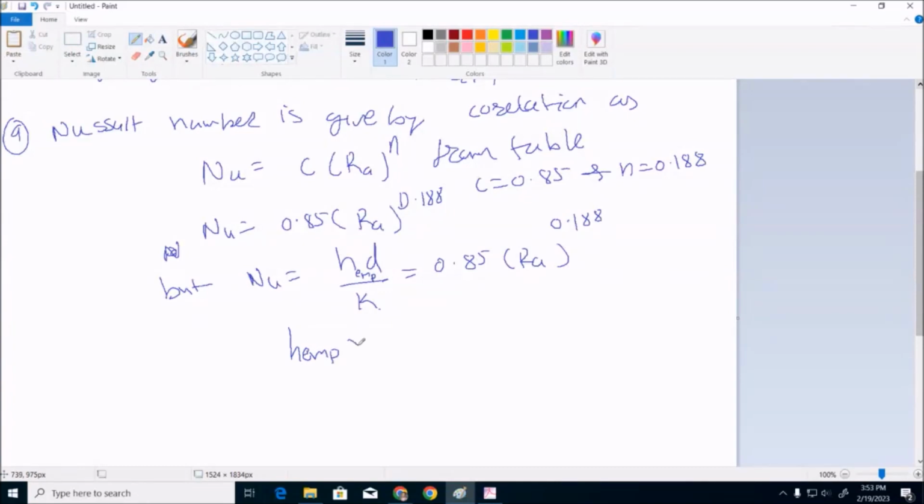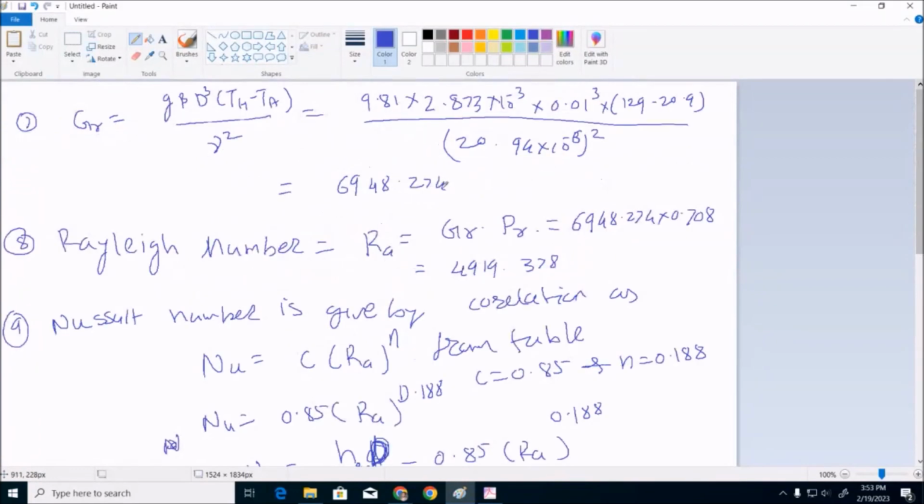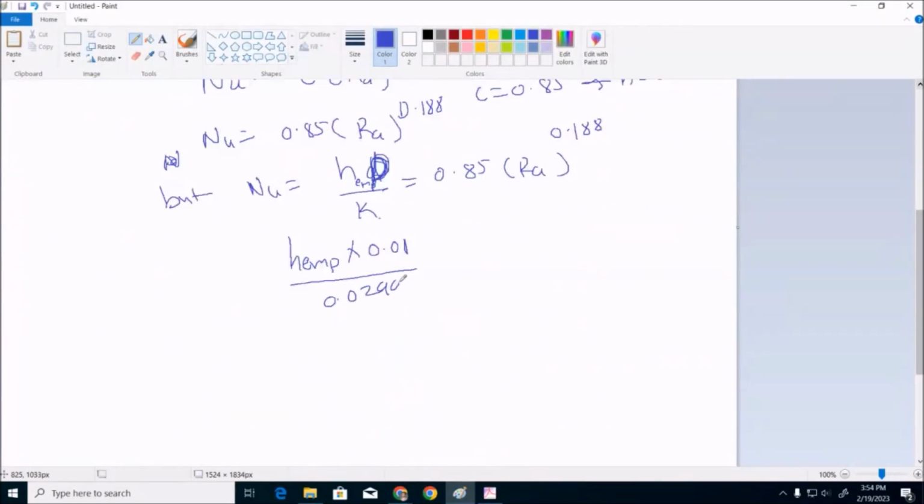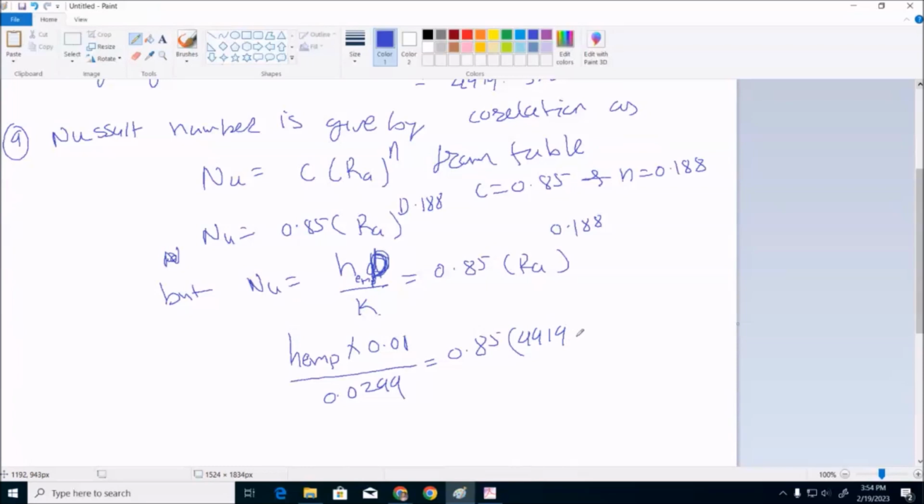I don't know yet the empirical h. Diameter is 0.01. Thermal conductivity of air is 0.0299, equal to 0.85 times Rayleigh number 4919.378 raised to 0.188. Solve this equation and we will get h empirical is equal to 12.56 watt per meter square degree centigrade.